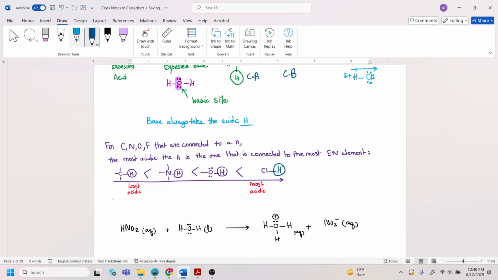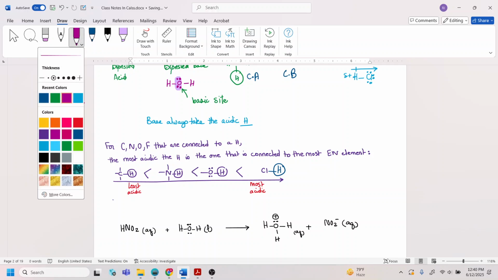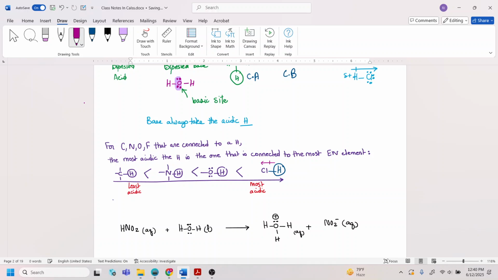So we said that chlorine is going to pull out the most electrons from the hydrogen to make it more partial positive. Oxygen pulls out electrons from the hydrogen too. It's also partial positive, but not as electron deficient as the hydrogen that is connected to the chlorine. So this is why I'm going to consider this hydrogen to be the most acidic, and HCl is going to be the strongest acid among all of these.